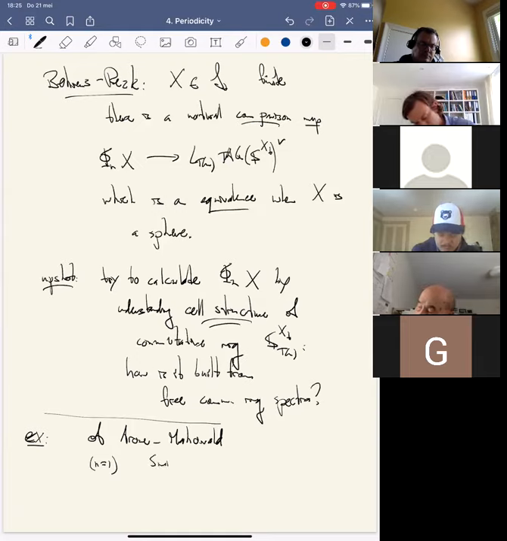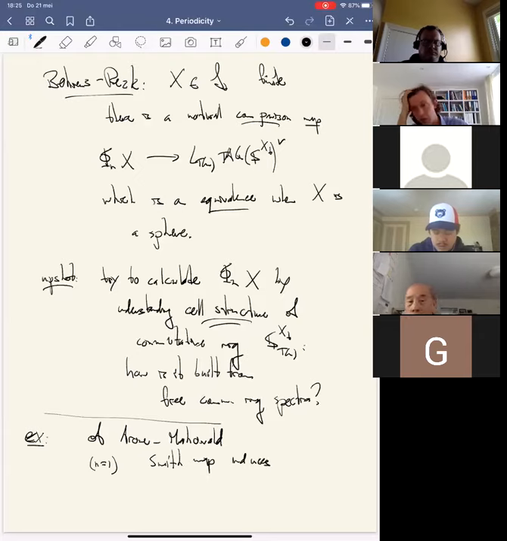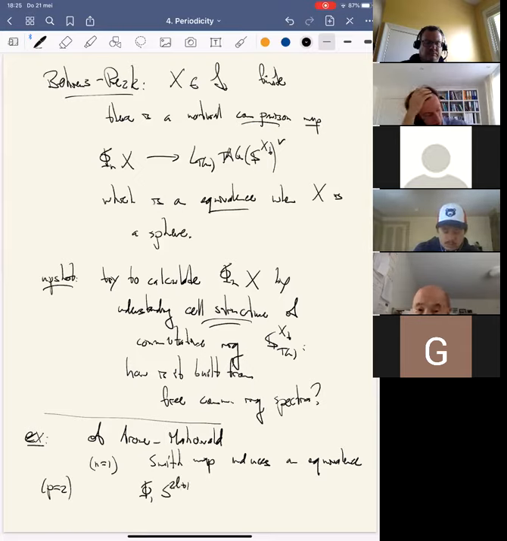So this Snaith map that we looked at. This was a map that compared a loop space of an odd sphere to Q of a real projective space. The Snaith map induces an equivalence at the prime p = 2 from the first Bousfield-Kuhn functor on an odd sphere to that real projective space that we had.